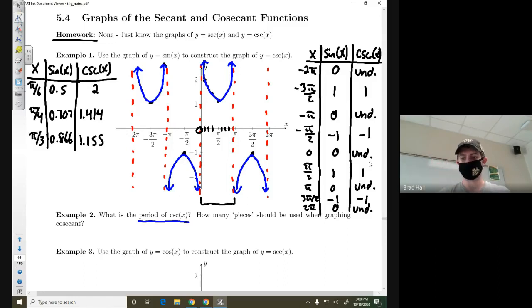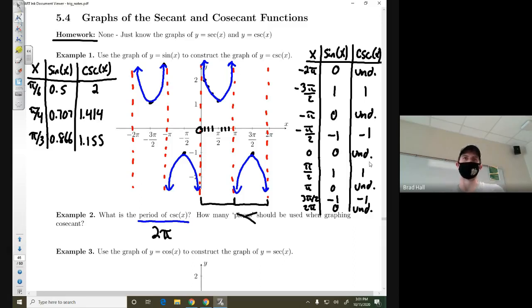It's 2 pi. You need to go a little bit further. The upper and the lower part together is what repeats again and again. If it were just pi, it would just be up, up, up the whole time. So it's 2 pi. And that makes sense because cosecant is just the reciprocal of sine, and its period was 2 pi. So kind of recycled stuff.